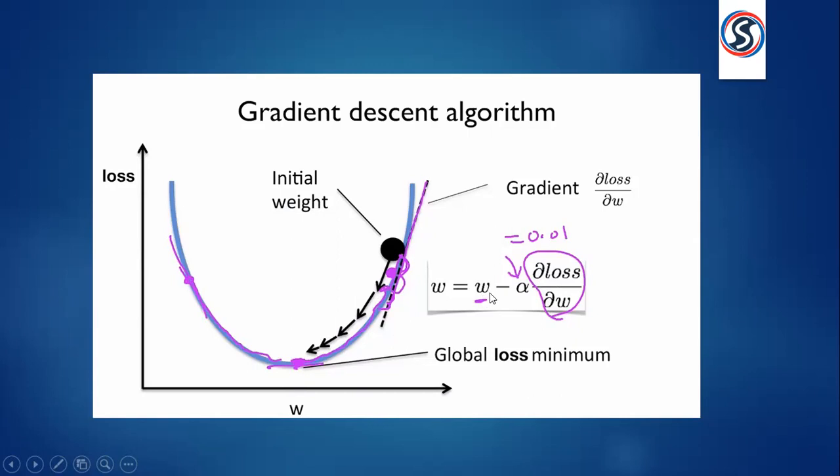Here we have the weight minus d loss by dw. This is nothing but the equation we have used. The same thing is just given in another notation, don't get confused. So this is my theta1 minus alpha d of J of theta 0 comma theta1 divided by d of theta1.